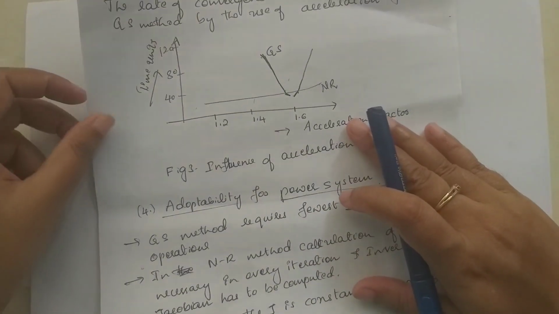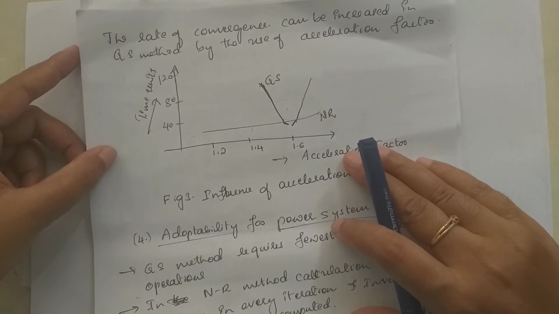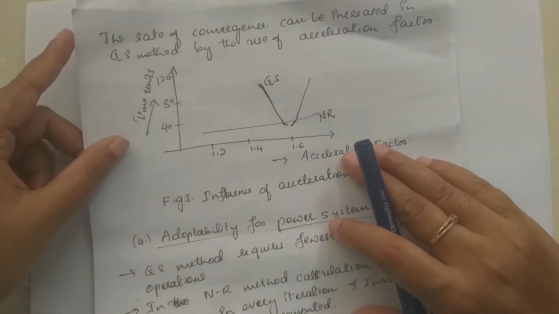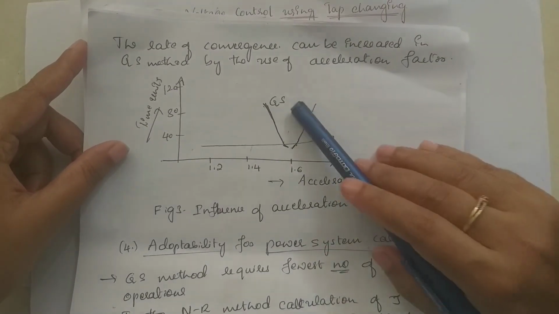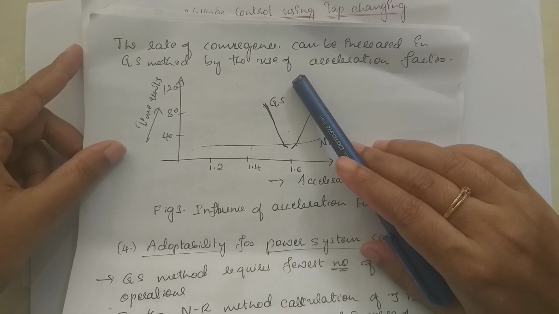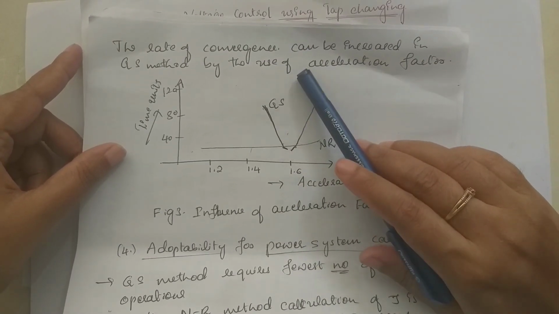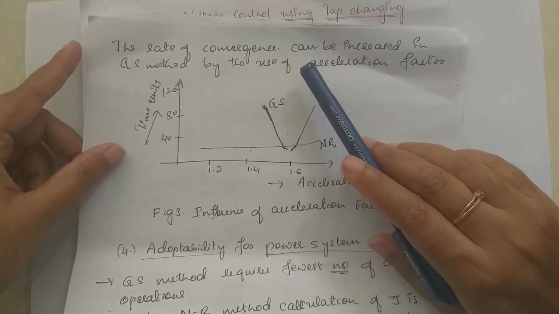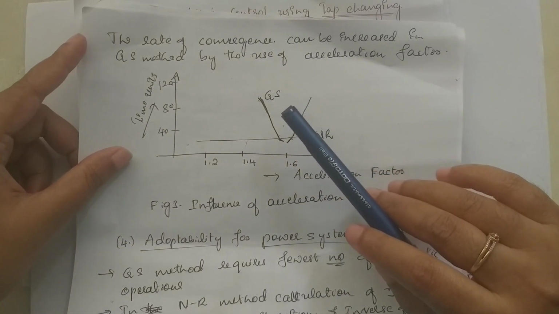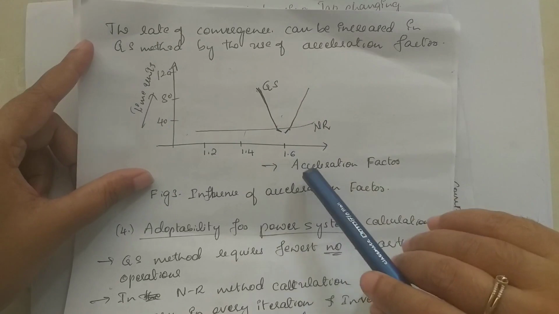The rate of convergence can be increased in the GS method by the use of an acceleration factor. If it is not convergent, we multiply by the acceleration factor, thereby reducing the number of iterations by making it convergent. So how it affects the GS method, we'll see.